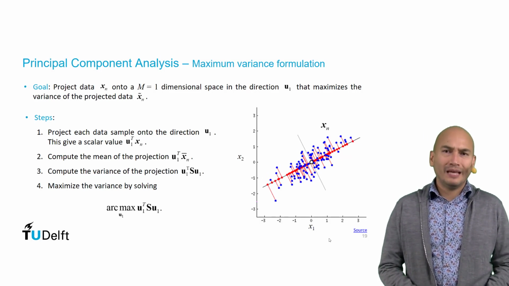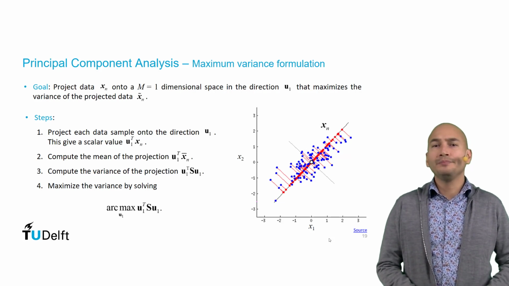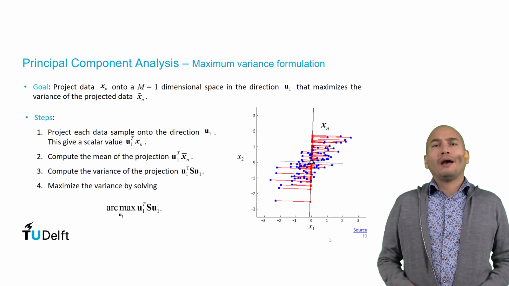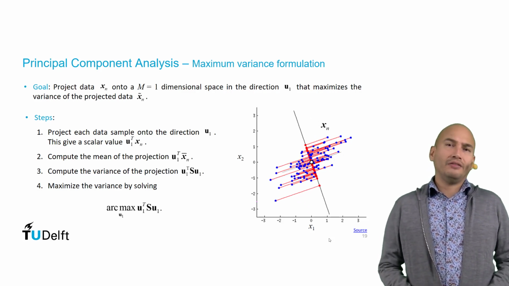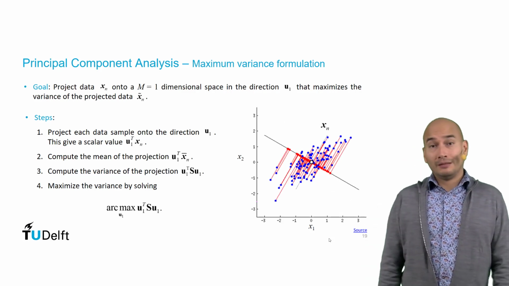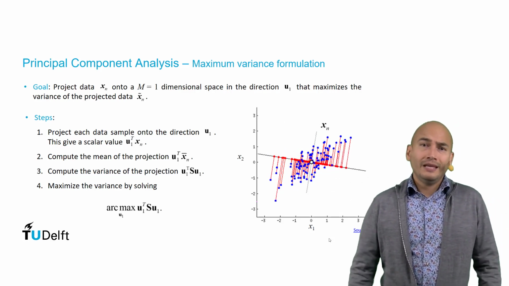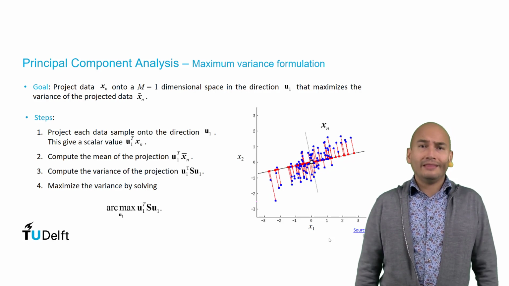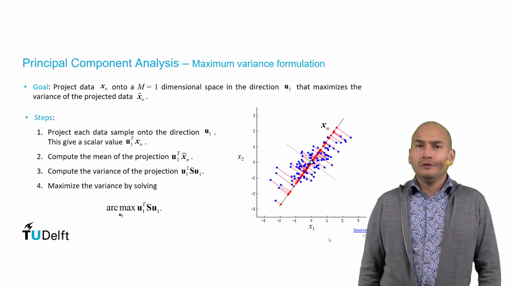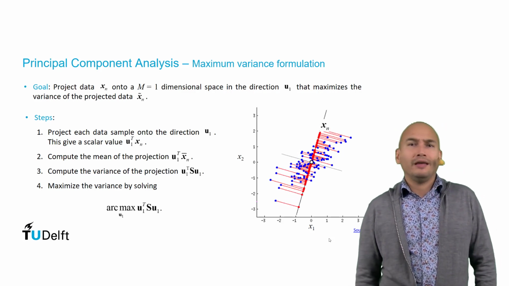Here are the steps we follow to solve this problem. On the right, we have a visualization of how the direction u1 can be found by trying different directions. In the steps, we will see how we can solve this problem mathematically. In step 1, we project data samples to u1, so we have a scalar value, the transpose of u1 multiplied by xn.